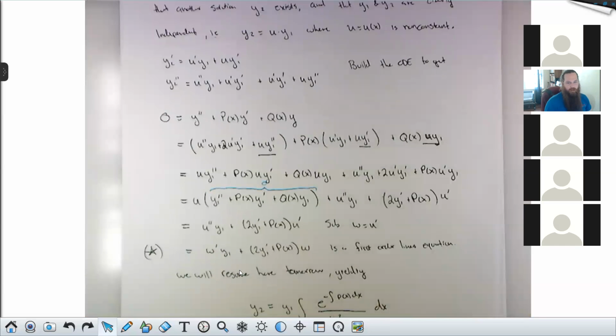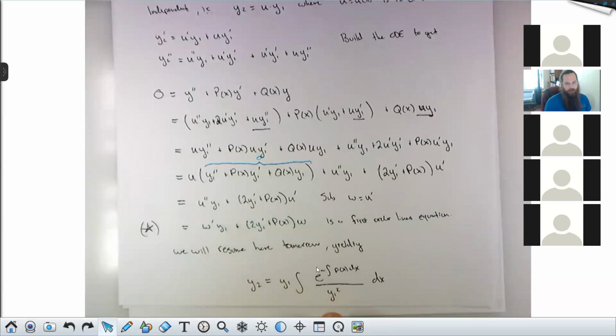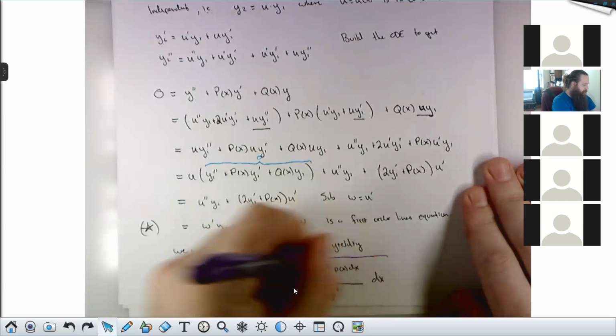So basically, you're going to solve this equation using integrating factors. That's where this piece comes from. And then you're going to go back through this substitution to find u. That's where the second integral comes from. And then you multiply that by y1. So this is going to be the end result. I don't mind just giving it to you, but I'll finish the derivation next time.